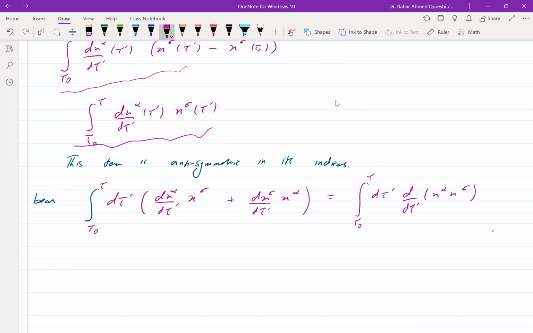And when I integrate it on a closed loop, I'll get a 0.